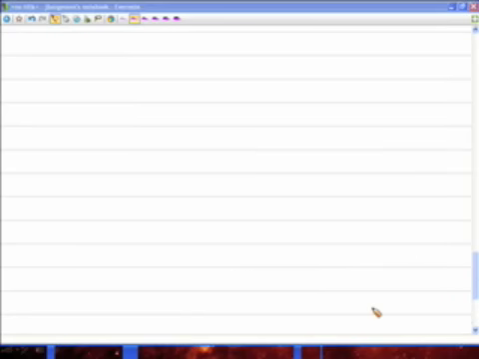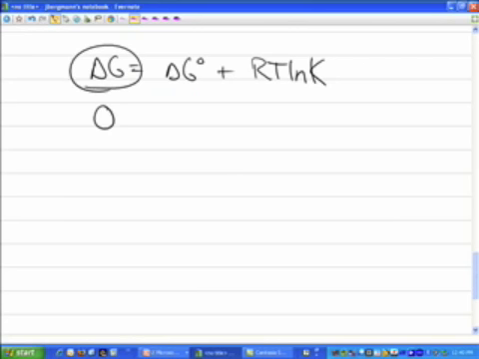I want you to add this somewhere. This is really the delta G equation. Delta G equals delta G naught plus RT, natural log of Q. Now, what's true when delta G equals 0? We're at equilibrium.